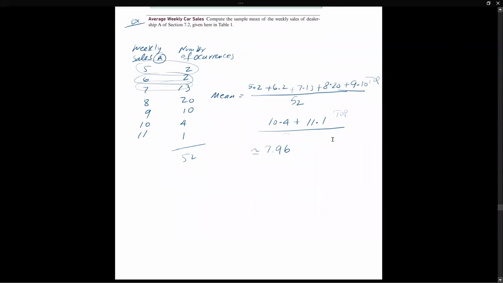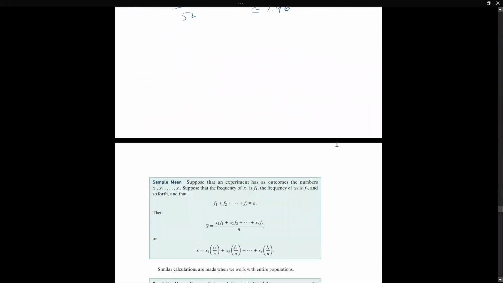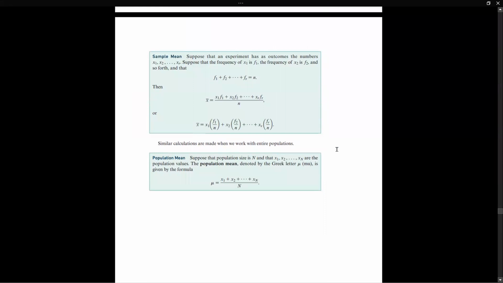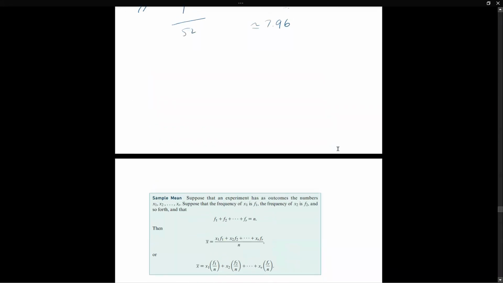Of course, you'll ask, why did you multiply these this way, right? And so let me just give you the formula directly, because I didn't try to use the probability and stuff. Now you can see that this is what happened in this example, because we're talking about the sample mean, right?